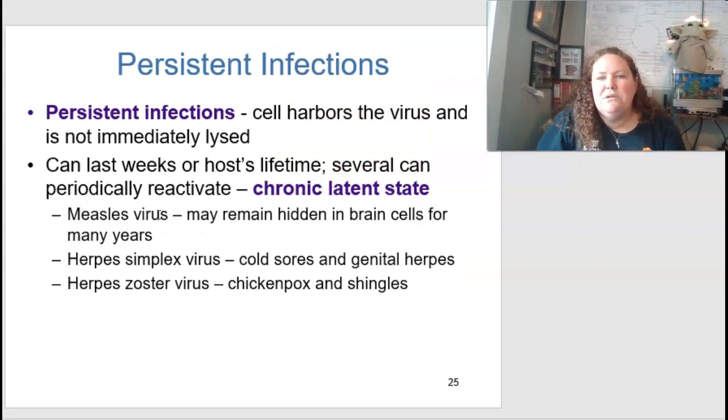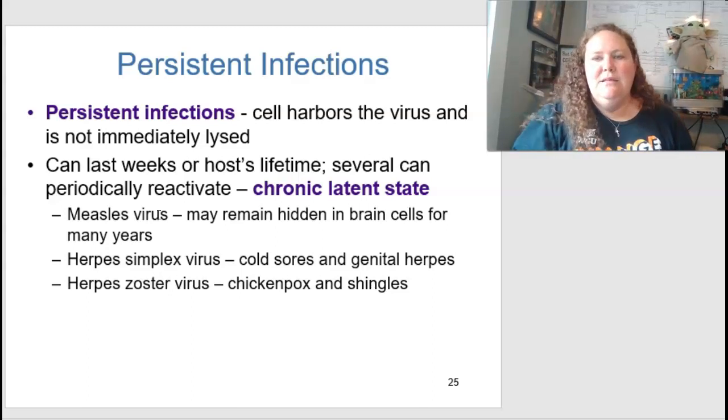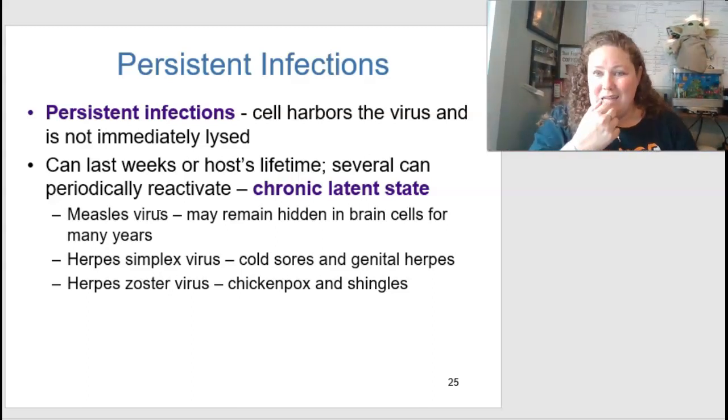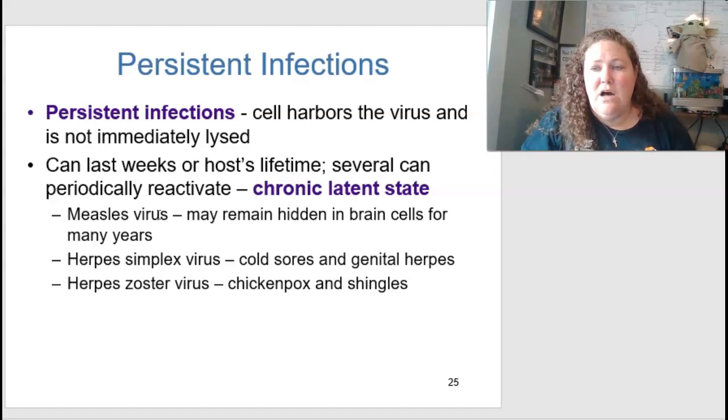So what about persistent infections? Well, persistent infections are when the cell harbors the virus and it's not immediately lysed. So the virus isn't going to go in, hijack, take over, do its business, and then boom, it's gone. It hangs on for a bit, and this can last for weeks or for the whole entire lifetime. Several of them can periodically reactivate, and this is called the chronic, reoccurring, latent, like lazy state.